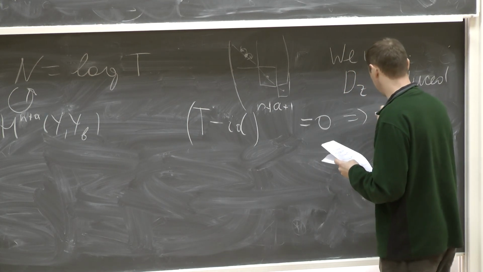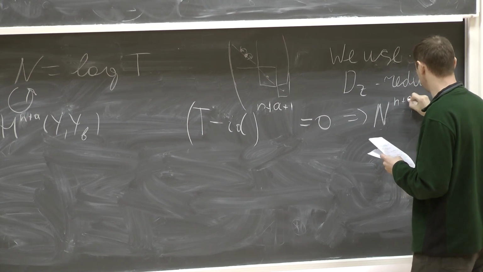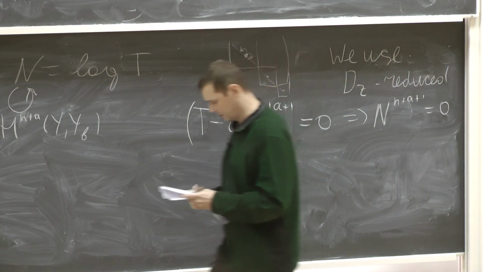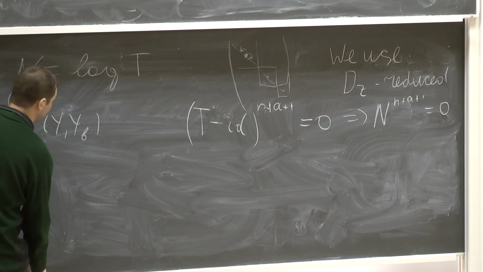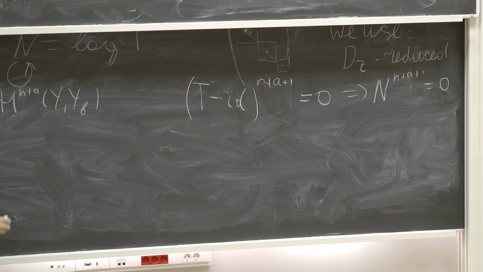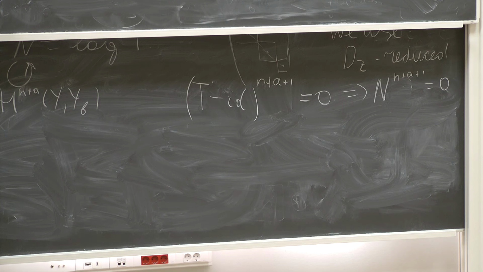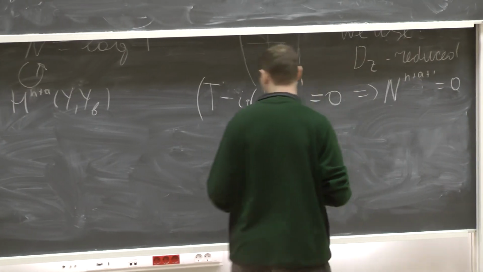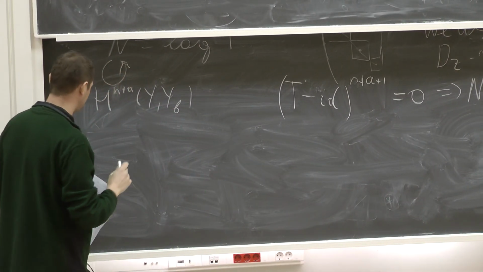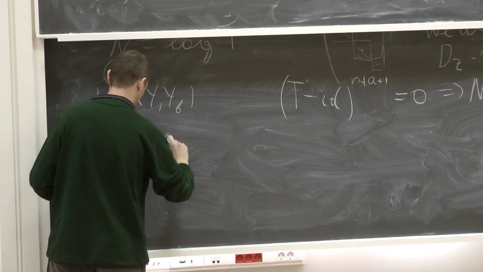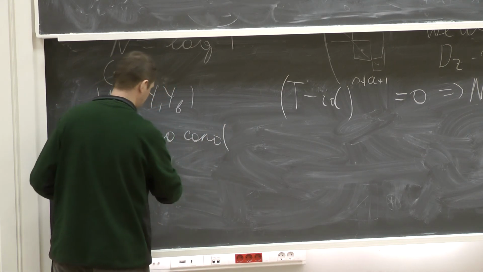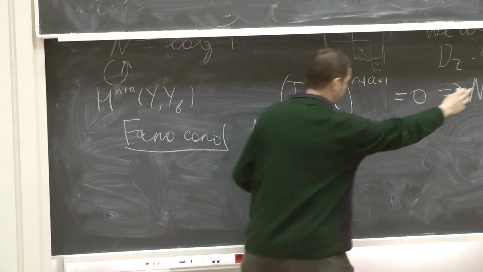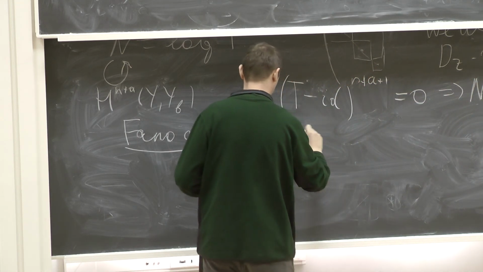And from here we get N to the power n plus a plus 1 equal to 0, since N is the logarithm of monodromy. On the Fano side, multiplication by an ample class should be maximally non-degenerate, so we should impose the Fano condition here, saying that N to the power n plus a, one less, is not equal to 0.